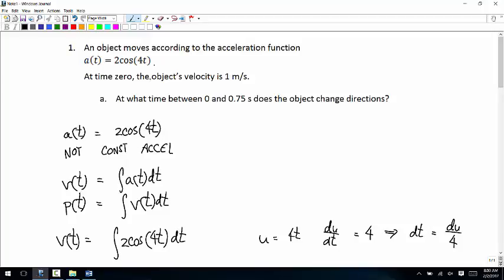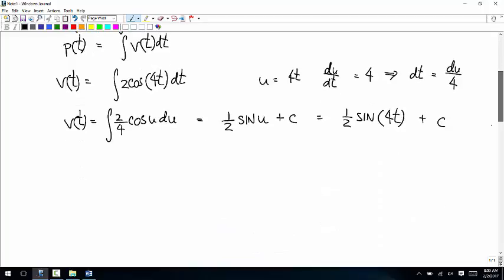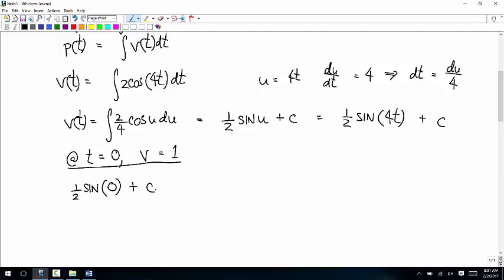When time is equal to 0, the velocity is 1. And so 1/2 times the sine of 4 times 0, which is 0, plus c, that's the velocity, which at that instant in time has to be equal to 1. Sine of 0 is 0, so c is equal to 1.